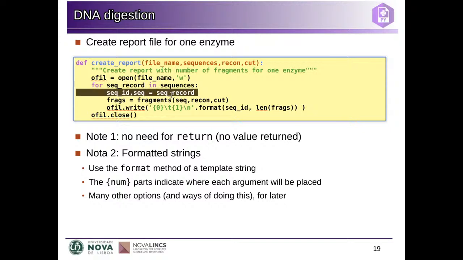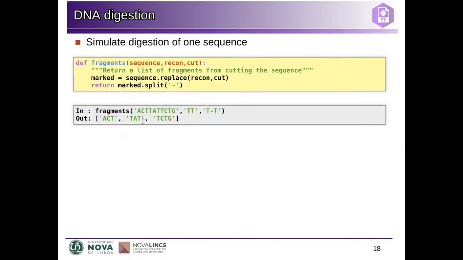So we unpack this tuple into 2 variables, and now we compute the fragments obtained by cutting this sequence here using the recognition site and the cutting point of the enzyme we received in our parameters. So we're going to loop through all the sequences and cut it with this enzyme. And this will be the list of fragments that we obtain after digestion. It will be something like this.